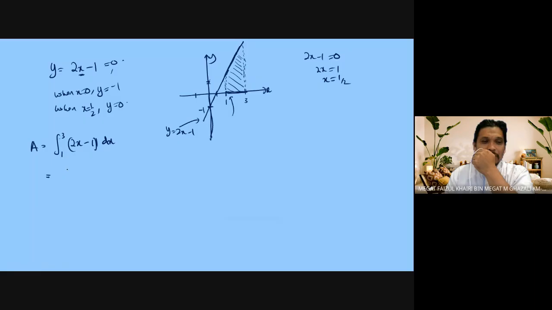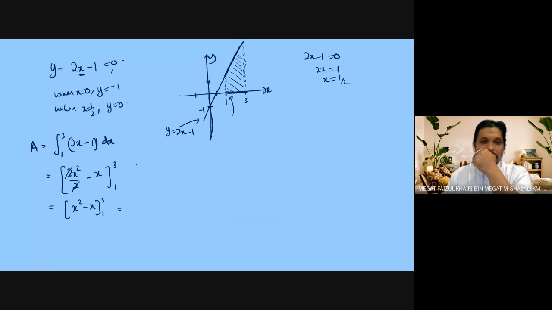So we are going to integrate this: 2x squared divided by 2 minus x from 1 until 3. Then 2 divided by 2, we get x squared minus x from 1 until 3.